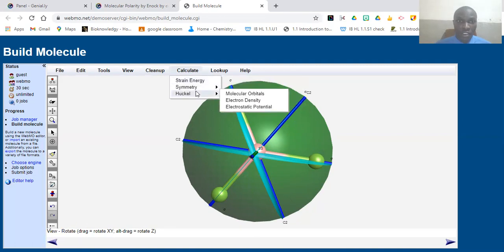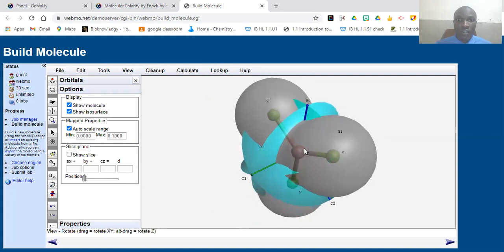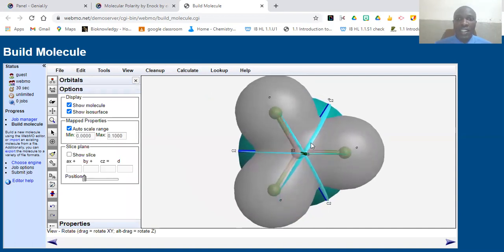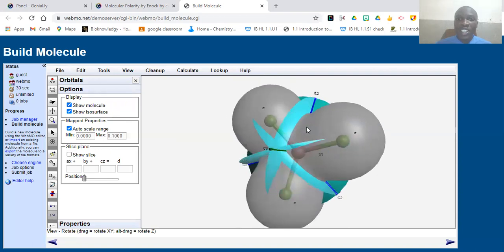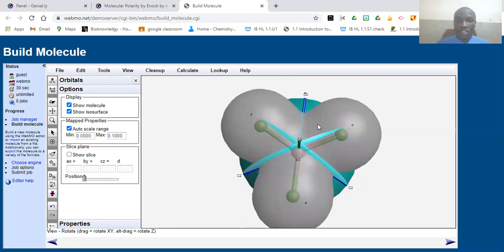Let's try to add on the electron density. Look carefully. You can't say that the electron density has been so much distributed on the side of this fluorine, nor this fluorine, nor this fluorine. So there's no net charge distribution. This molecule is symmetrically arranged, and therefore there's no overall net charge distribution.